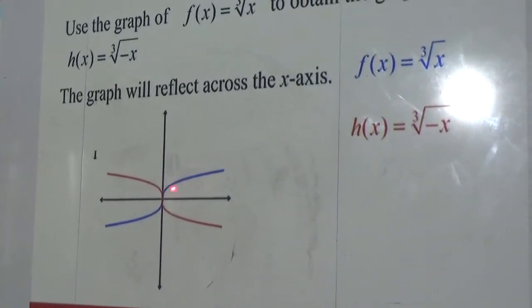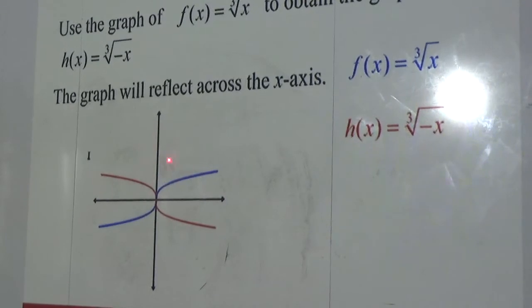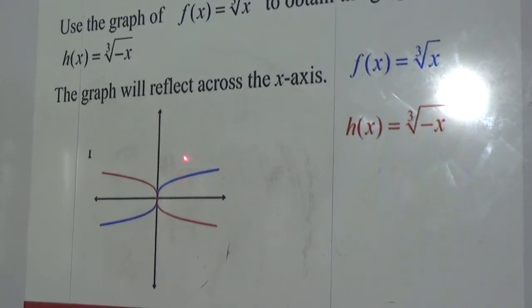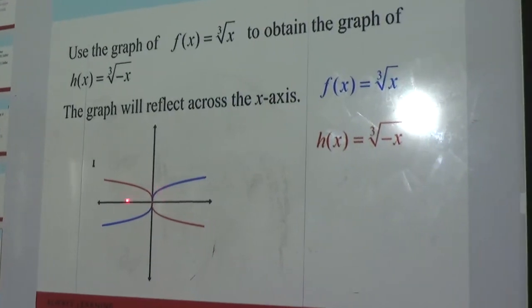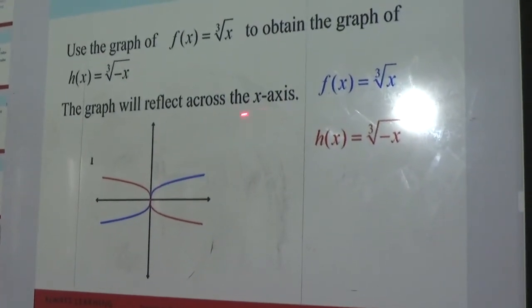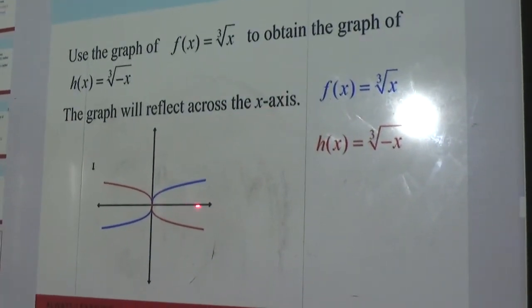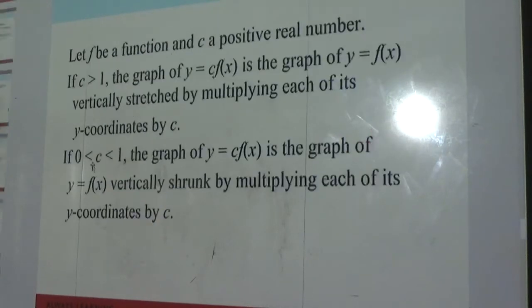So this part of the blue is reflected over here. Now notice, you could make the mistake and think it was reflected over here. That's why I don't think this is a great example. But this is reflected across the x-axis, this axis. So this blue part is reflected by this red part, and this blue part is reflected by this red part. So that's what's going on there.